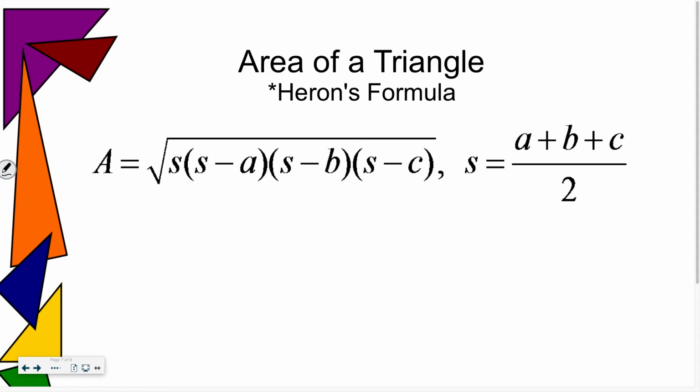So it's called Heron's formula because it's named after someone, but it's just another formula for area of a triangle. And as you're jotting it down, it looks really sort of long and arduous, but it's not so bad. I'll describe it once you get it written down.